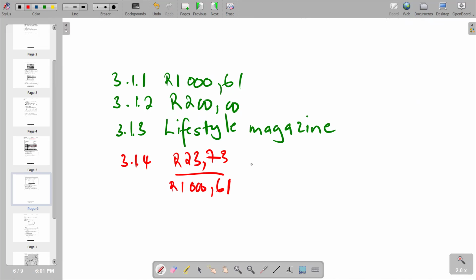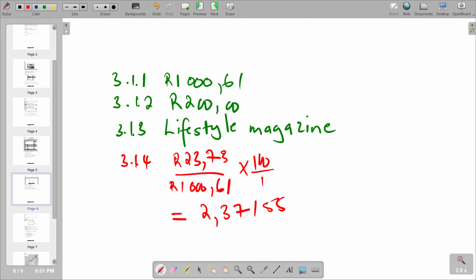Now we multiply by 100 over 1 to convert it to a percentage. If you use your calculator, you're going to see that it equals 2.37155 and so on.